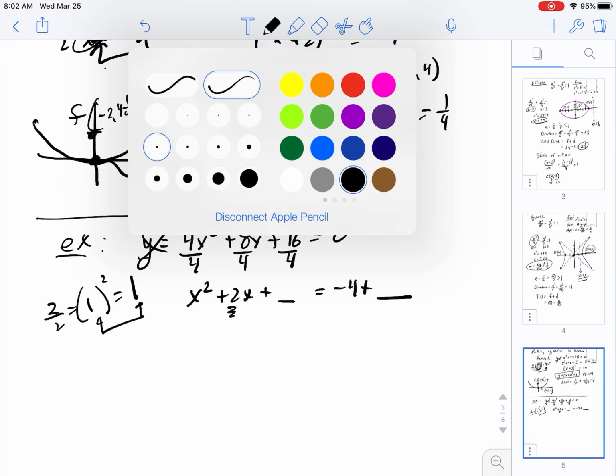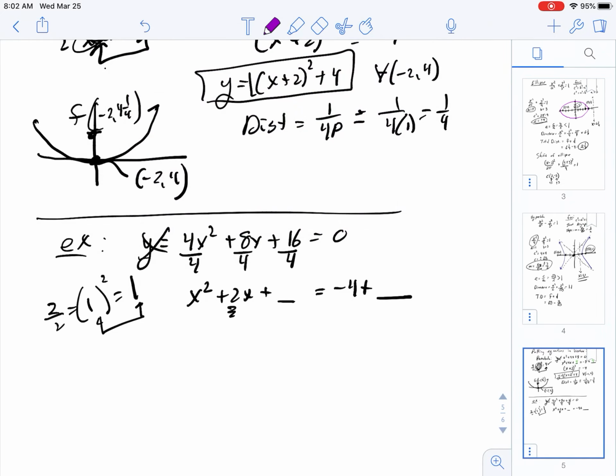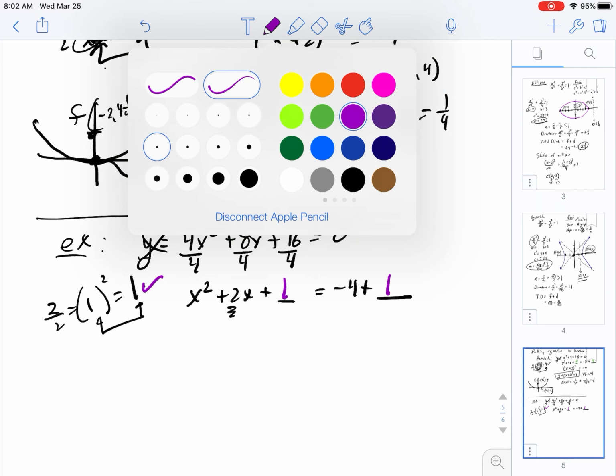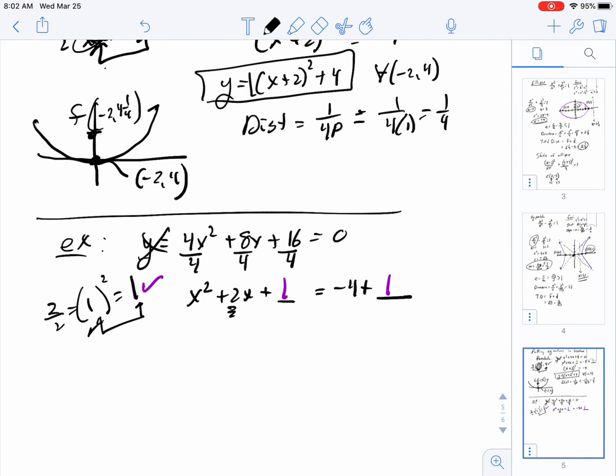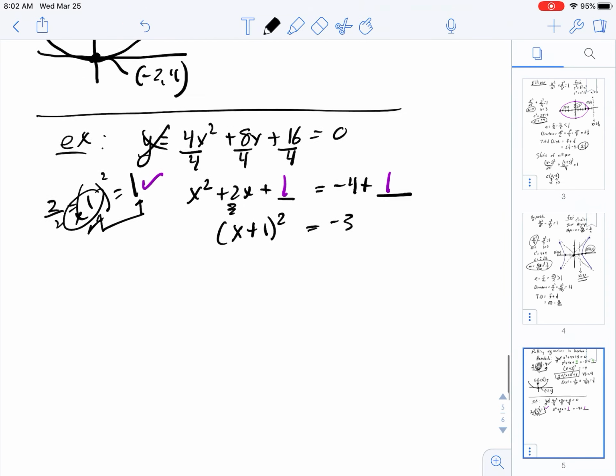So first, do this piece here, 1 and 1. And then come back to the next piece here, and all you have to do is put an x there. Inside the parentheses, you have x plus 1 squared equals -3.